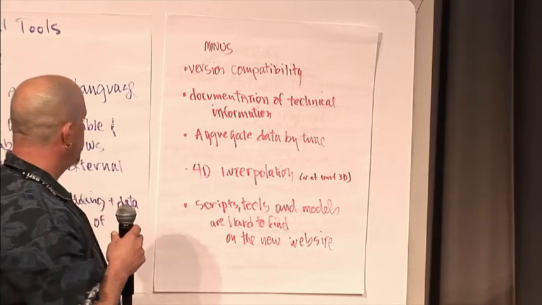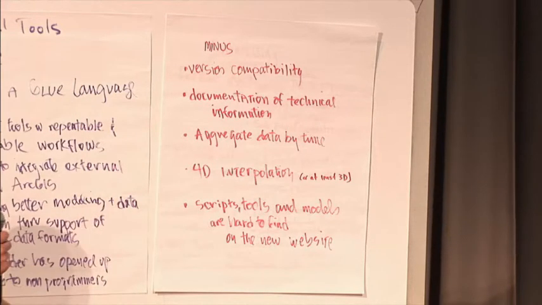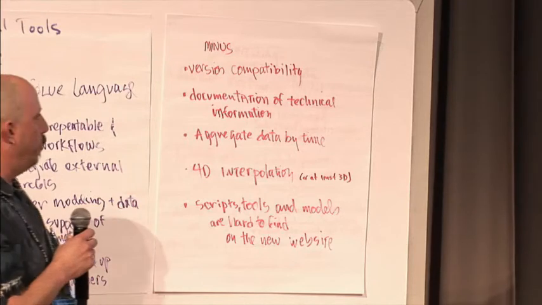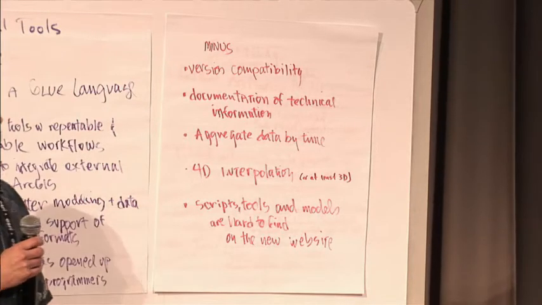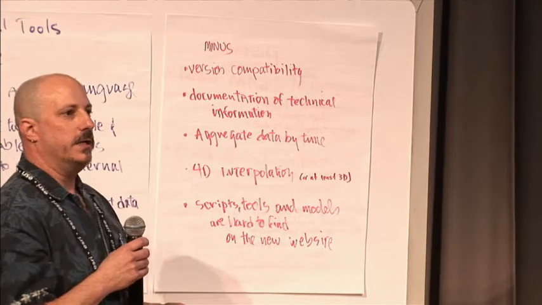I think a lot of folks have talked about time and the need for better handling of time. One of the great needs, I think, that was brought up is the need for the ability to aggregate data over time.